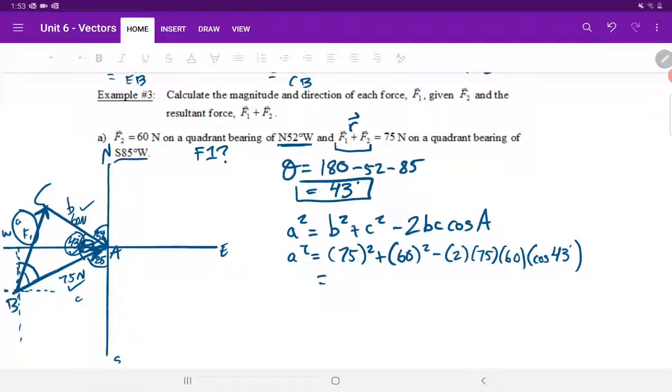And I'm going to just calculate 75 squared plus 60 squared, which is 9,225. Bring down my minus sign and do 2 times 75 times 60 times the cosine of 43. And here you want to carry probably around 4 decimal places just to improve your accuracy.